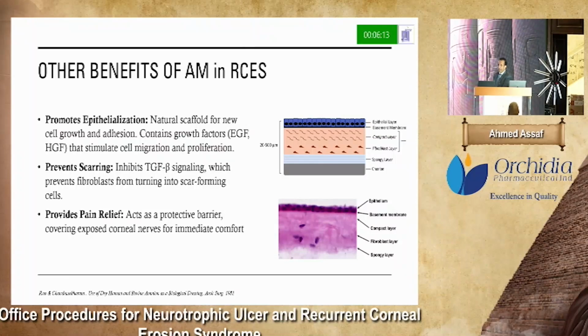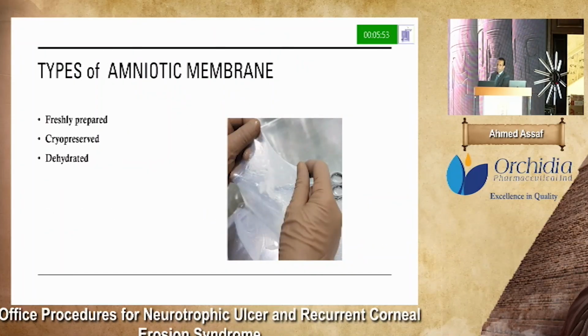As you know, other factors for the amniotic membrane in recurrent corneal erosion syndrome are, of course, growth factors that can promote epithelialization and act as a scaffold for epithelialization and minimize the pain by acting as a scaffold on the affected or denuded corneal surface.